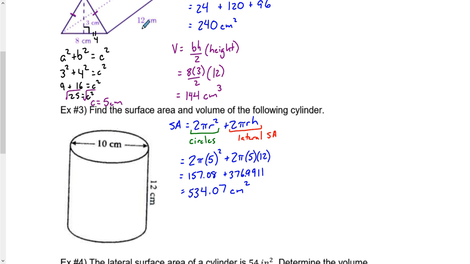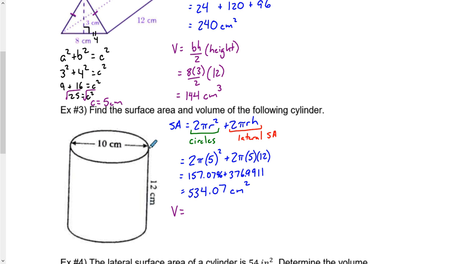And then when you add everything up, I would like you to round to 2 decimal places most of the time. Sometimes 1 decimal place. Usual, my rule of thumb for surface area and volume, I like doing two decimals.